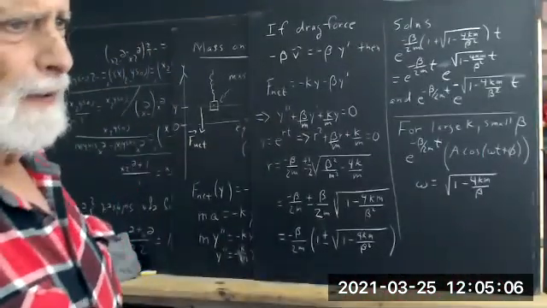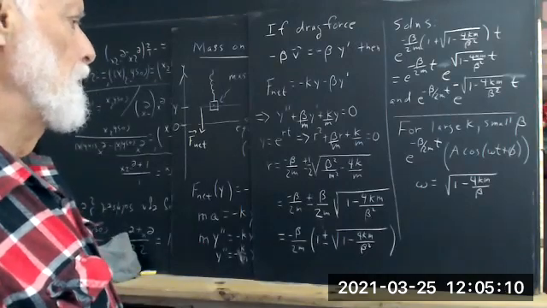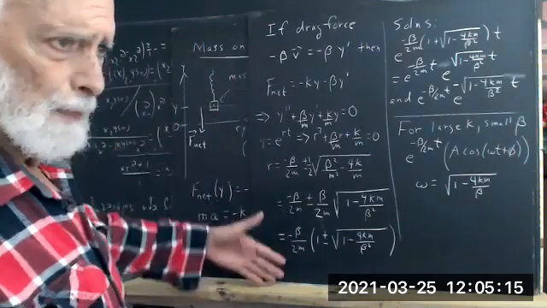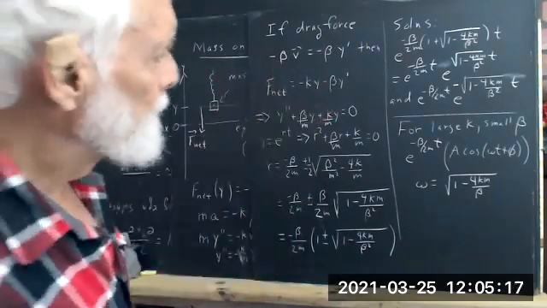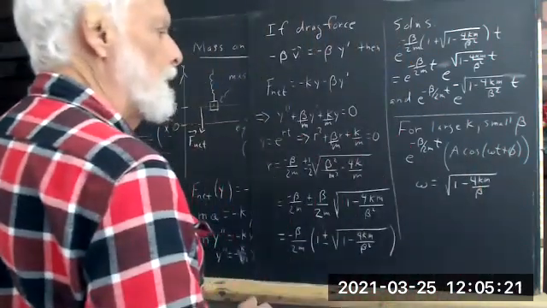And something about that strikes me as wrong, because your limit as beta goes to 0 would get all messed up. So I might have done something wrong in my algebra here. Still, this is the type of solution you would get.